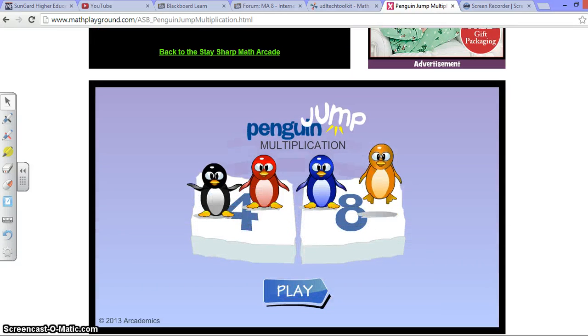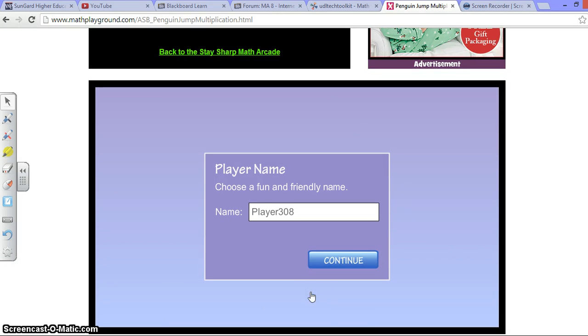Now, Penguin Jump is about multiplication, and it's penguins jumping across ice, which is fun for students to race against each other or race against the computer. So I'll show you a quick demo of that.